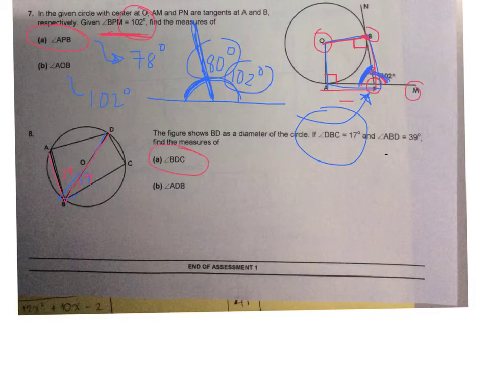So from B you go to D, you go to C. The other one that we want to find is the measure of the angle ADB.